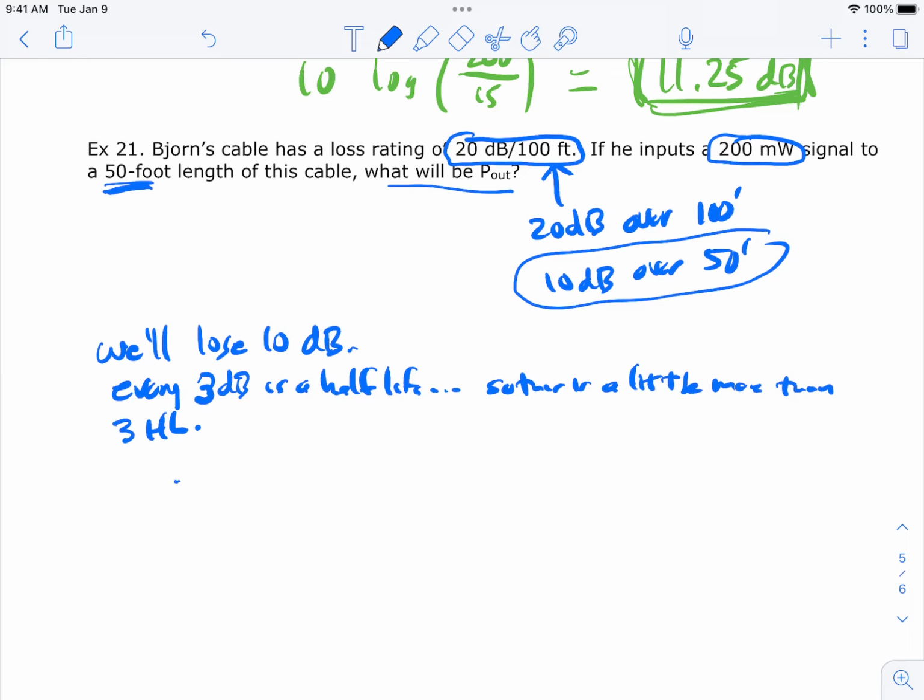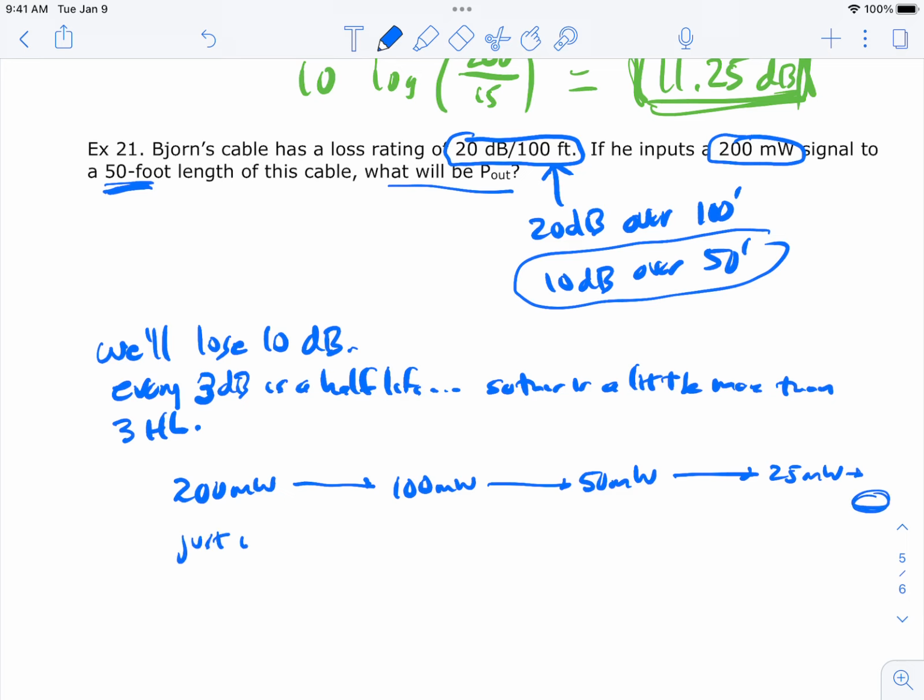So that means the 200 milliwatt input signal should get cut in half a little more than 3 times. If you cut it in half once, you're at 100. Twice, you're at 50. 3 times, you're at 25. And we want to cut it just a little bit more. So the answer is just under 25 milliwatts. That would be your approximate answer.